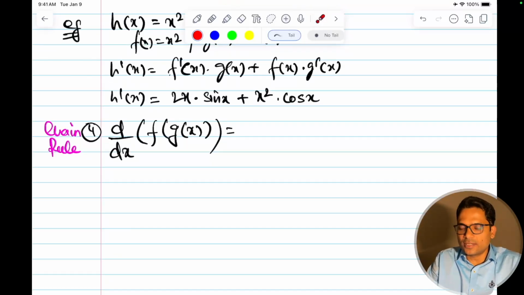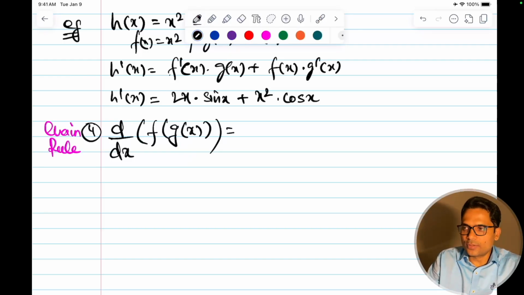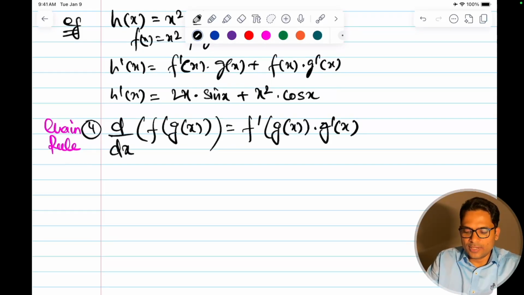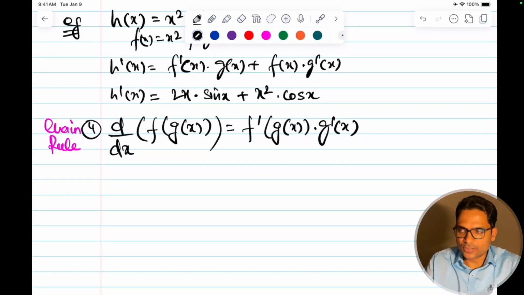This is a function of a function, right? So you write f dash of g of x into g dash of x, where you independently take the derivative of g. This is used in back propagation.